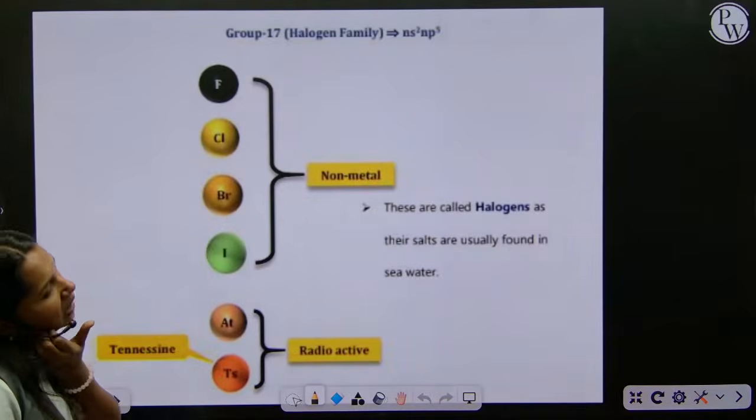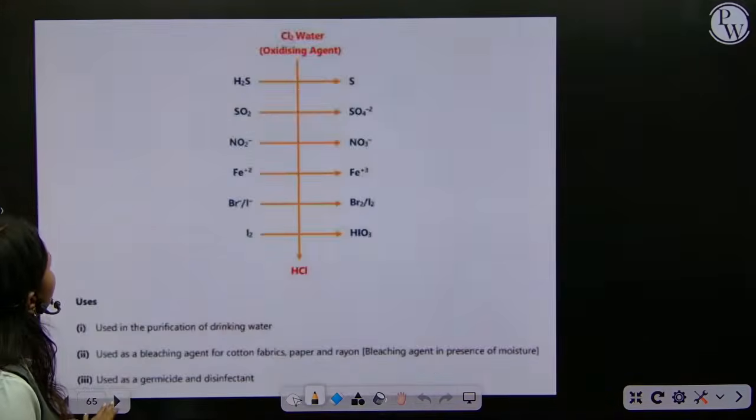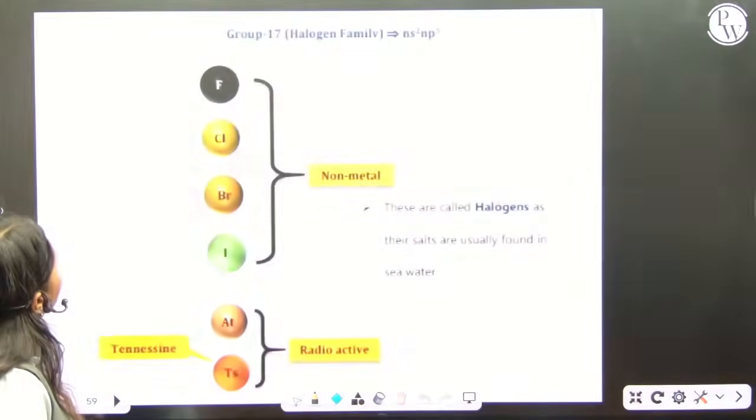Group number 17. Now let's do group number 17.